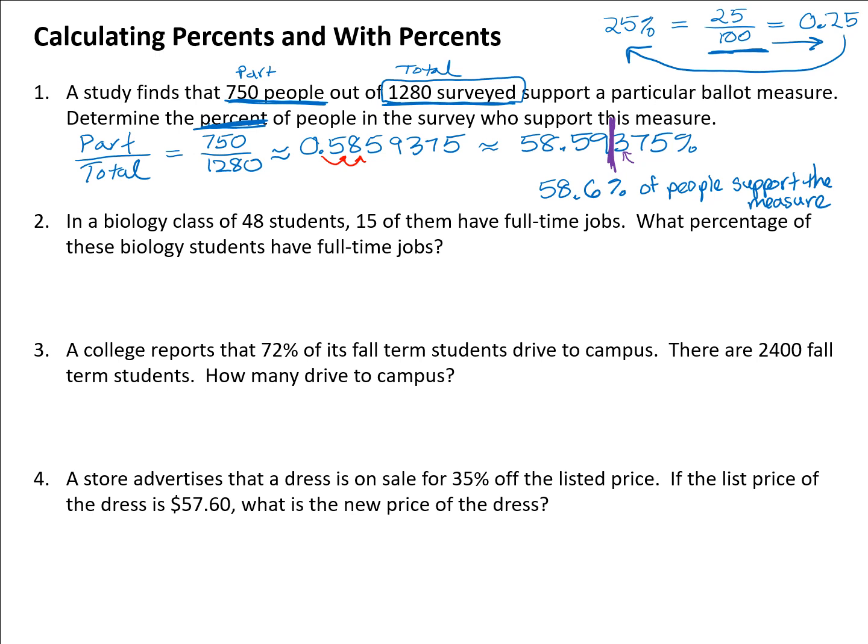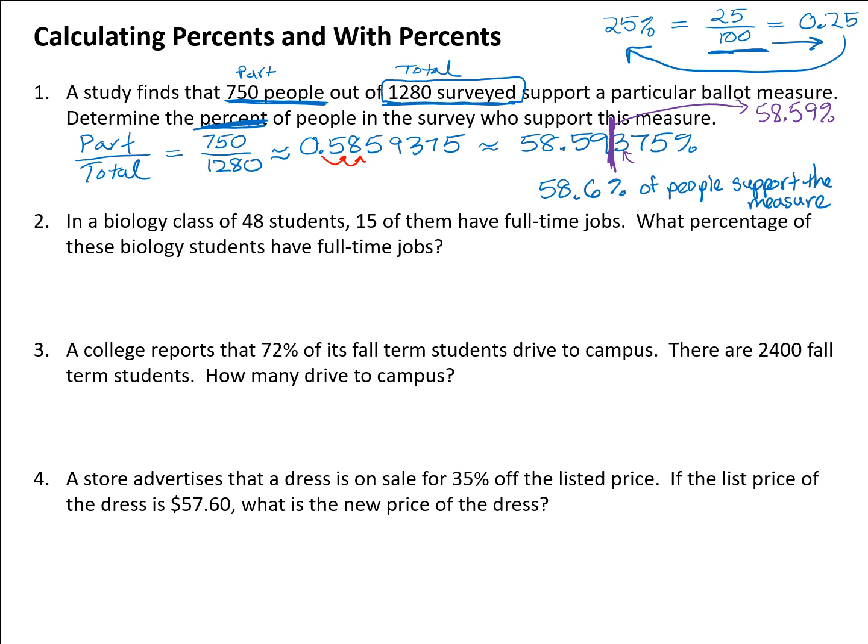The 3 is below a 5, so I wouldn't change the 9 at the end. I would keep this at 58.59%. The 3 makes the 59 stay a 59. It doesn't change it to 60. So it depends on where you're asked to round. If you need a little review of rounding rules, I'll have something in D12 for you to check on, but that's just a quick review of rounding.